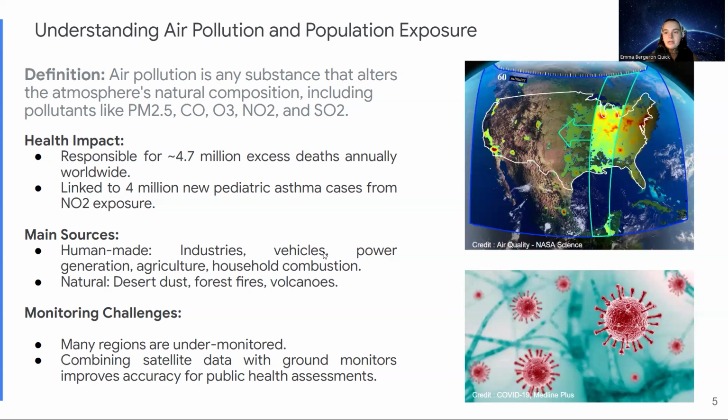These are all human activities that create anthropogenic emissions. And then there's also natural sources like desert dust, forest fires, or certain regions that experience more volcanic eruptions and so on. But most of it will come from human activities. As I mentioned, 70% of the health burden comes from air pollution from human activities.